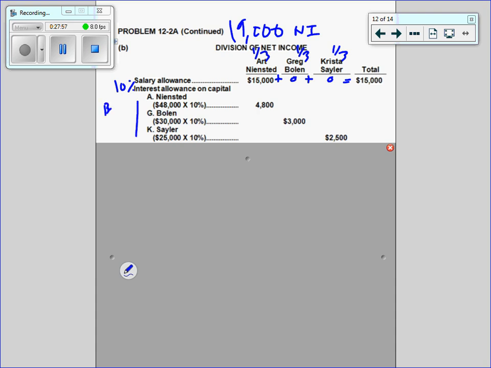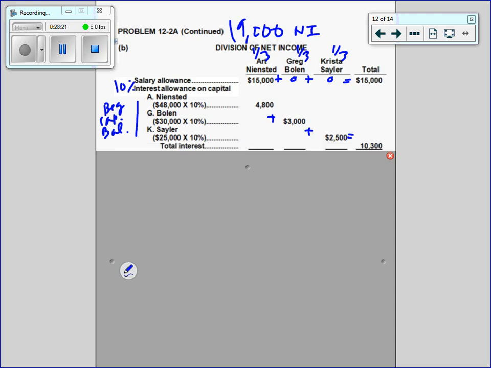These were the beginning capital balances. And that's how they originally formed their partnership: they were going to get 10% of whatever was sitting there in their balances. So 48 plus 3 plus 25 equals 10,300.